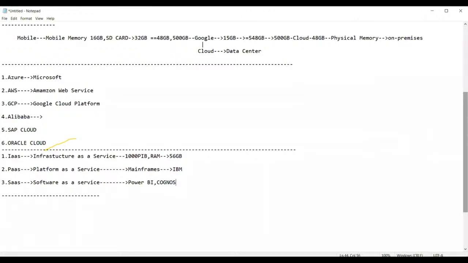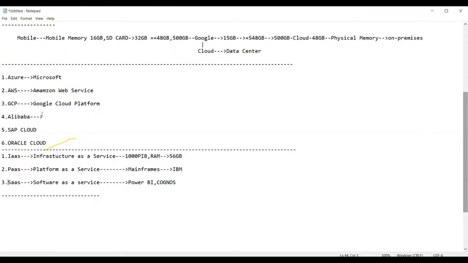You need not buy the license of this and need not worry about it. Simply you need to inform your cloud provider that you require it, and he is going to buy that for you. Everything is taken care of by the cloud provider in the service called what? Software as a service. So these are the three categories of services we have.